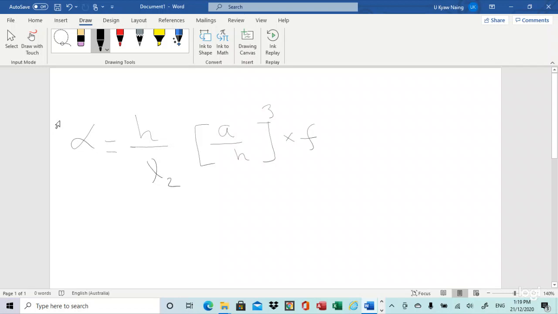That's why the flexural stiffness ratio alpha is in the equation. In this case, our formula is alpha equal to H by L2, A by H to the power of 3, into F. This equation is utilized to calculate the flexural stiffness ratio.